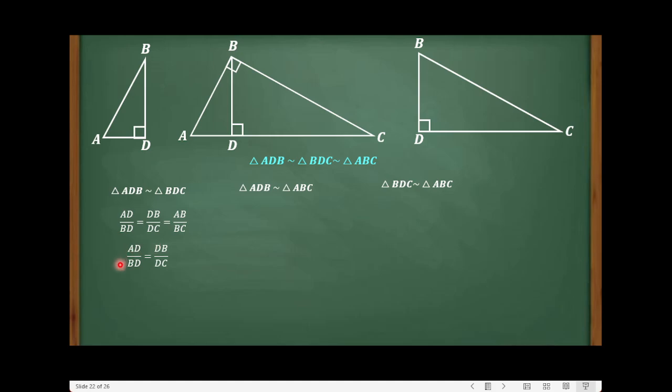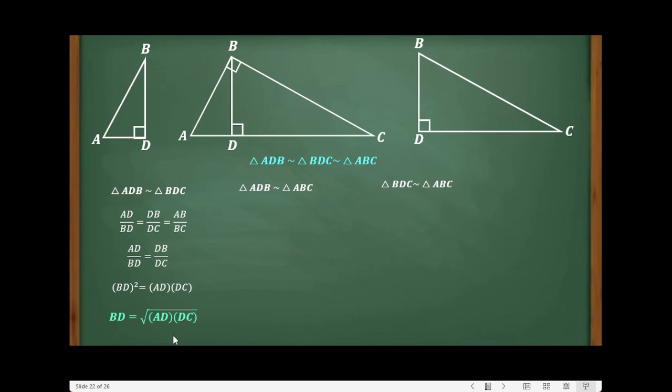And from here, we transform this proportion solving for that common segment DB or BD. And what do we have? Of course, we do the cross product method, and then we get the square root of both sides, and the result is BD is equal to the square root of the product of AD and DC. Okay, what does this mean?